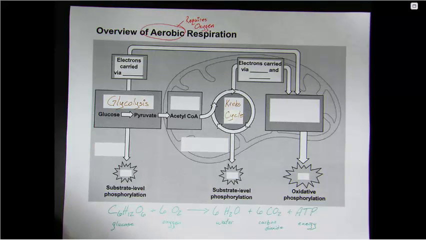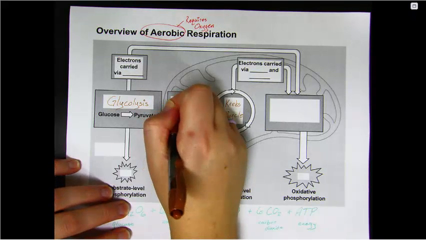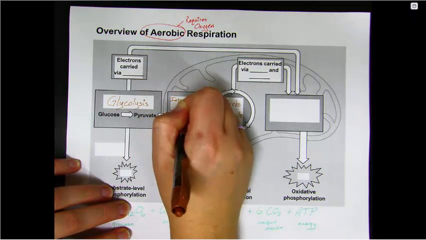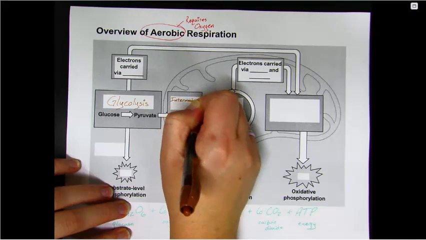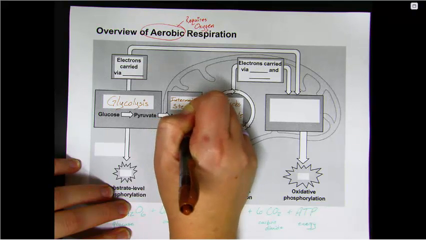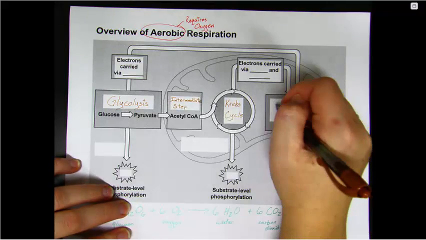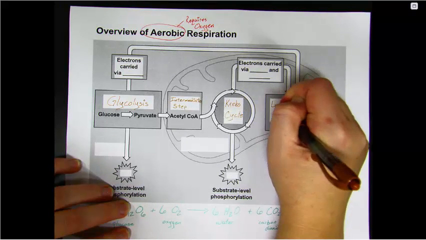However, before the cell can start the Krebs cycle, it needs to undergo an intermediate step. The final step in cellular respiration is the electron transport chain.